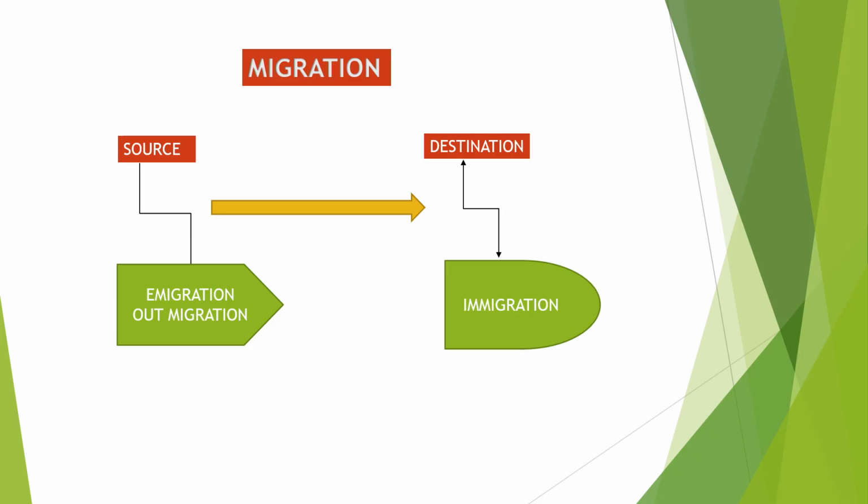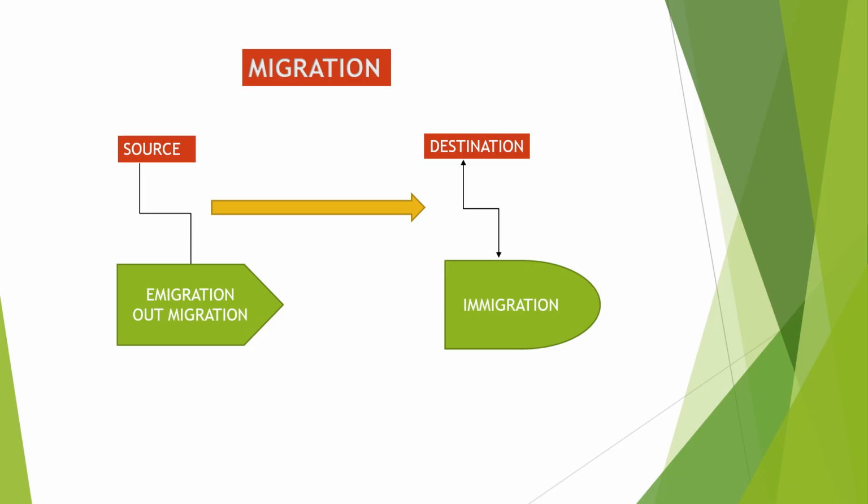I told you that I will explain what in migration and out migration are. Through the simple diagram that I have made, it is very easy to understand. Here, see, source and destination.